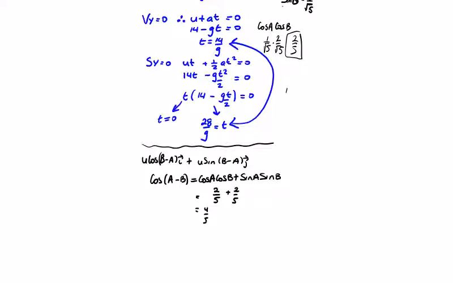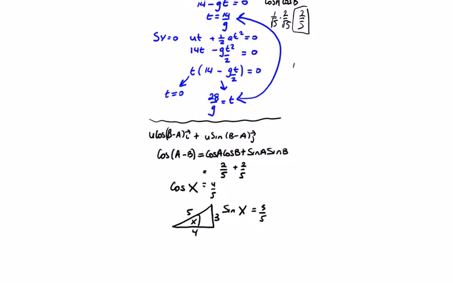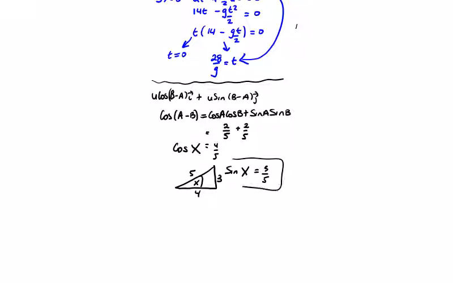Now we need to look at the sine of b minus a. If the cos of an angle, let's call it x, is equal to 4 over 5, adjacent over hypotenuse, this would leave 3 here. So the sine of this angle x is going to be 3 over 5. So we have the cos of b minus a and the sine of b minus a, 4 over 5 and 3 over 5.